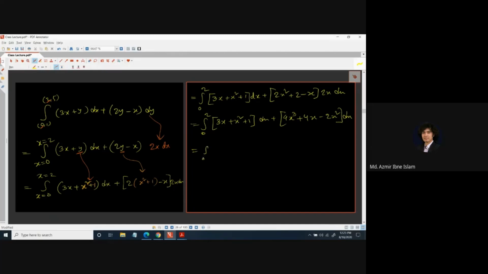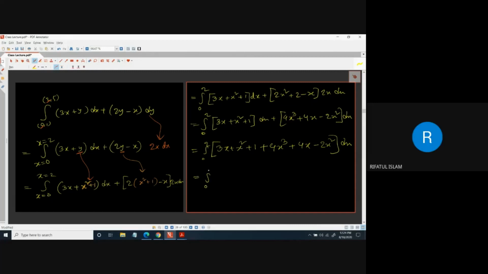Okay, simplification means you can see here we have (3x + x² + 1) dx and some other part is here, so we can combine these two: (3x + x² + 1 + 4x³ + 4x − 2x²) dx.